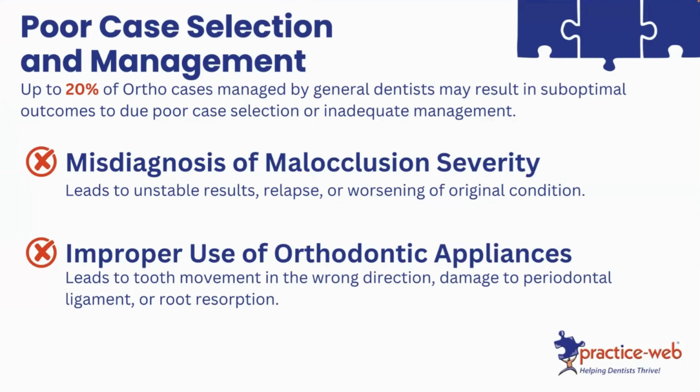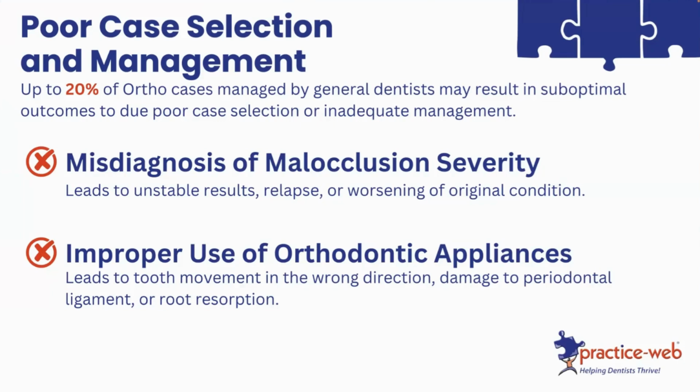So what are some of those challenges? Well, one is going to be a misdiagnosis problem. If you don't diagnose properly the malocclusion, that can really lead to even a worsening of what's already there. Number 2 is improper use of orthodontic appliances.